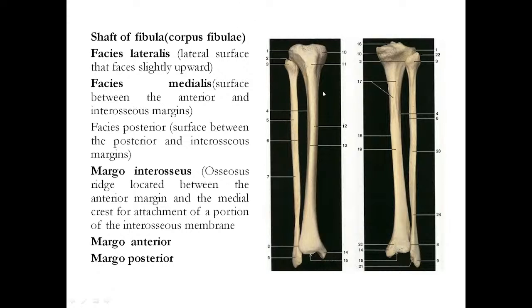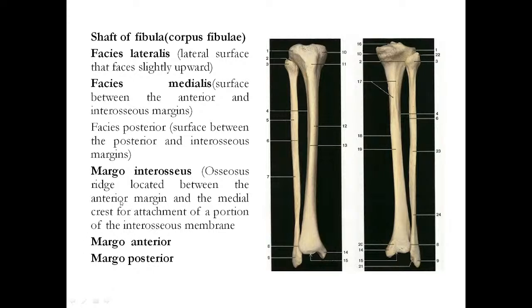The body of the fibula, corpus fibulae, has three surfaces: facies lateralis, facies medialis, and facies posterior.